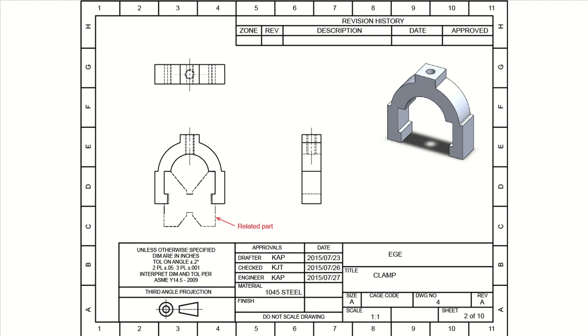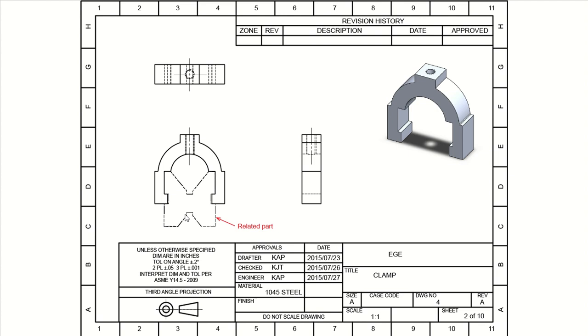So let's go into the example, and here's our part. I think whoever drew this, some of the standards they don't follow. They just draw, of course, so this is your front, and then this is your top, right? And then here is your right side. And the related view is showing, yes, right here where the mating part is going to fit in, yes?